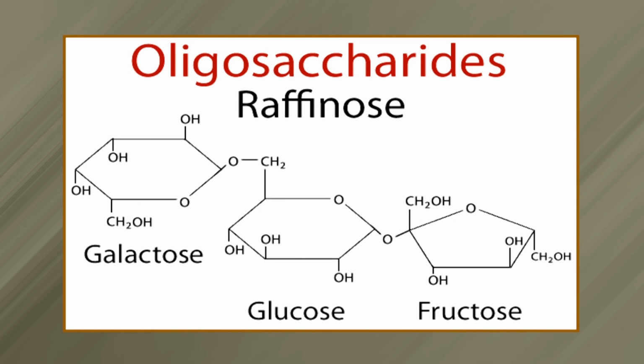Inside the intermediary cells, raffinose and stachyose, which are polymers made of 3 and 4 hexose sugars respectively, are synthesized. These sugars are formed from sucrose and galactose.